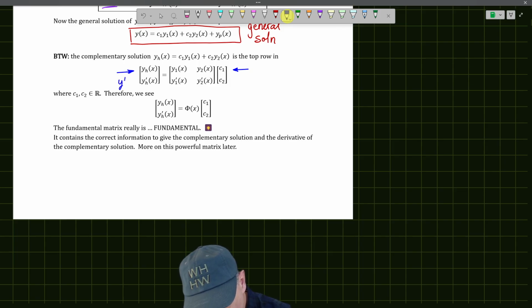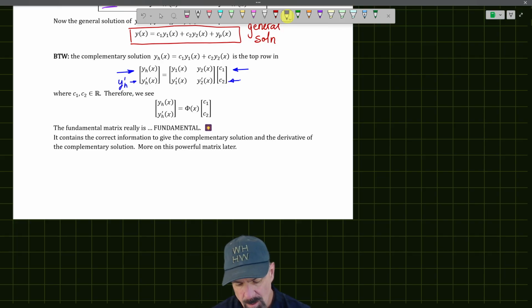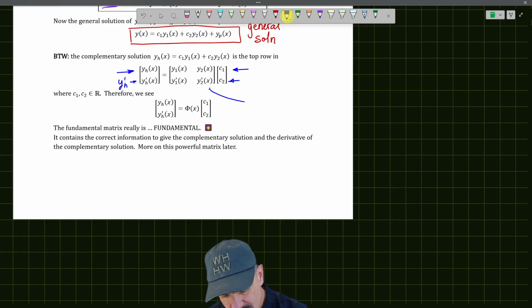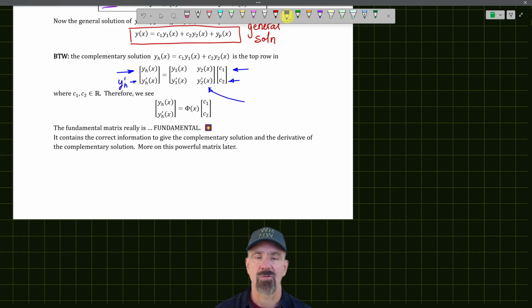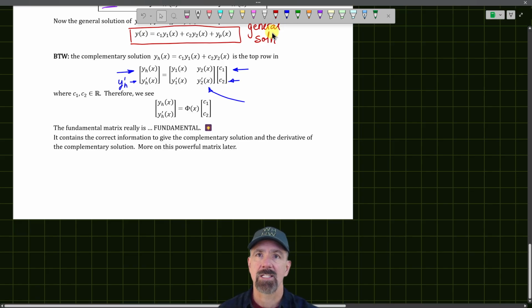So the y prime of the complementary solution is this second equation. Well, but what do we notice? We notice that this matrix is the fundamental matrix. It really is a fundamental piece of solving ordinary differential equations. We'll learn more about this when we look at systems of ODEs, but it's important to realize that the fundamental matrix comes up all the time.